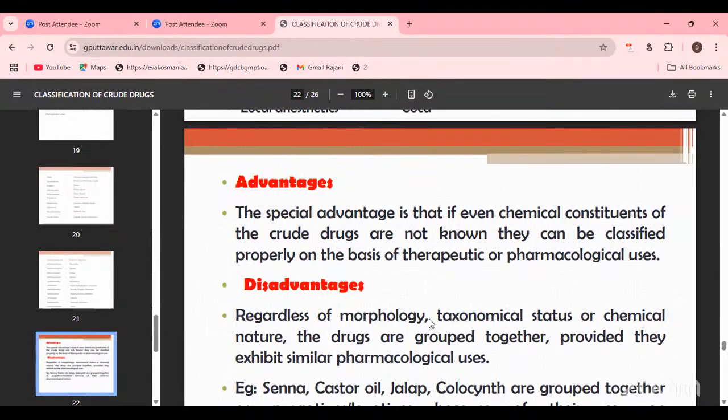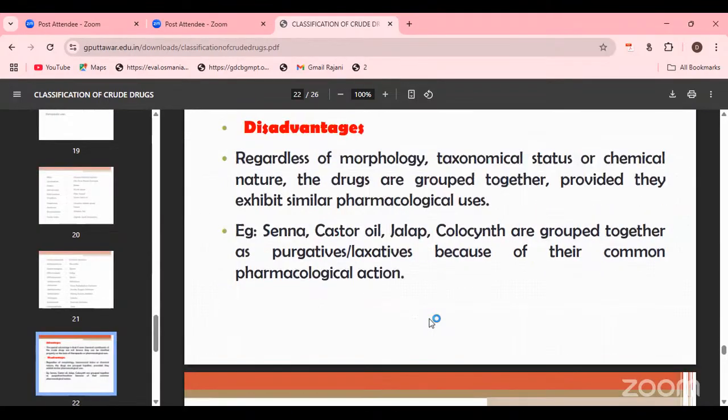For example, senna, castor oil, jalap, podophyllum are grouped together as purgatives or laxatives because of their common pharmacological action.